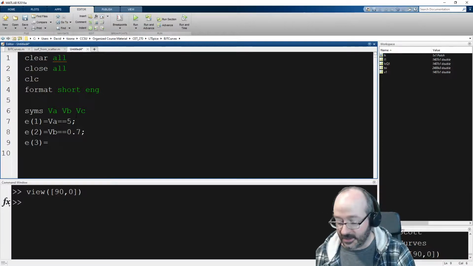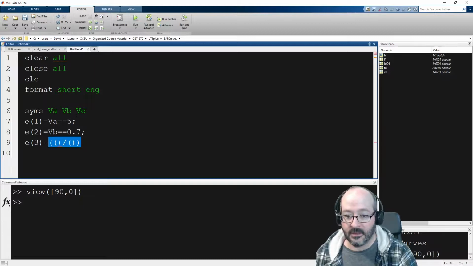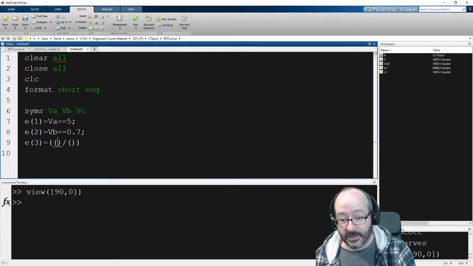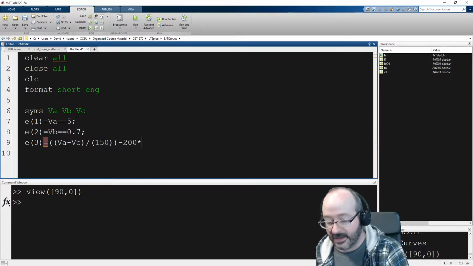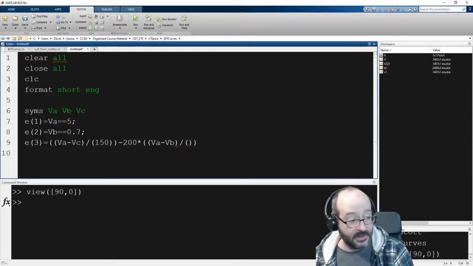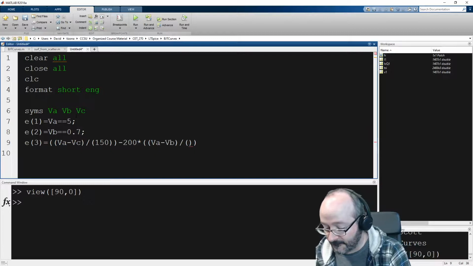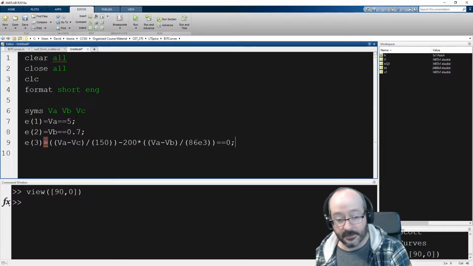Third equation is the KCL with a few terms. So we get VA minus VC over 150, minus 200 times VA minus VB divided by 86K. Okay, that's equal to 0.